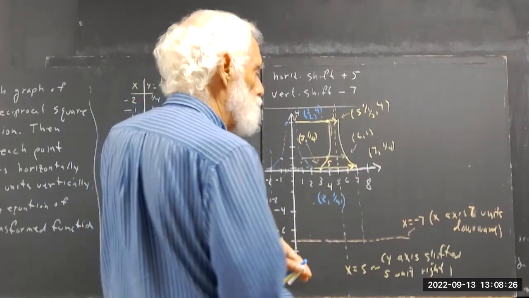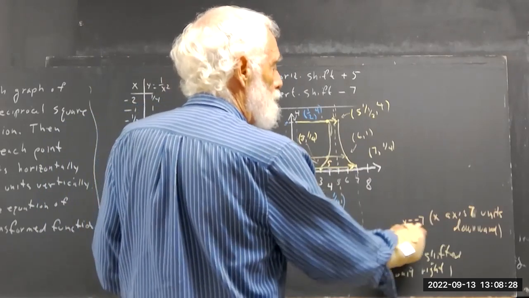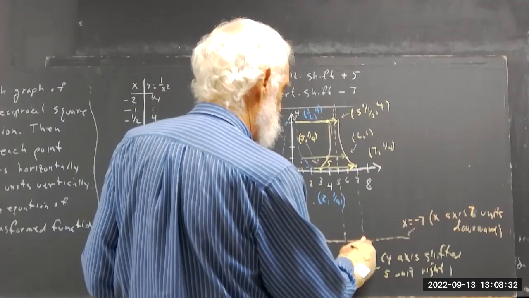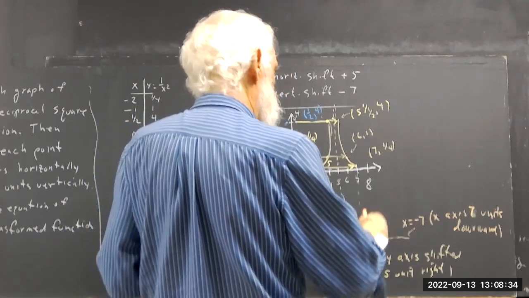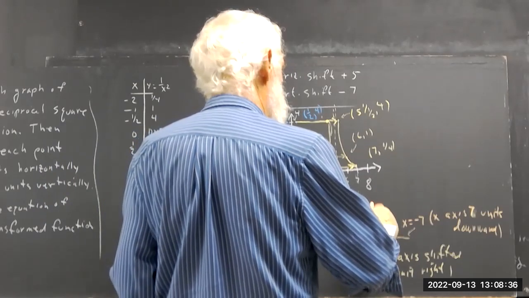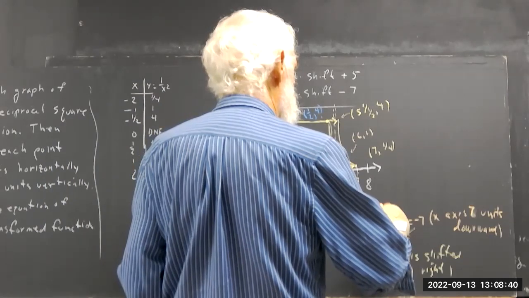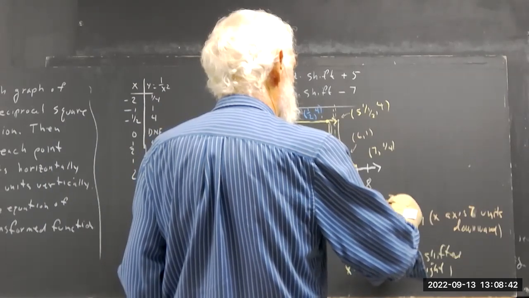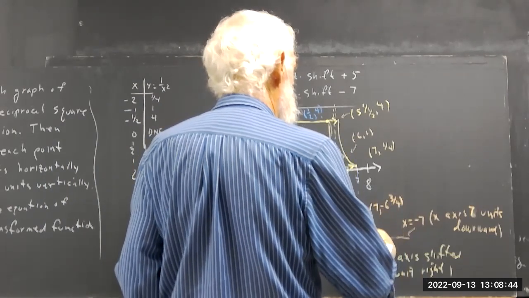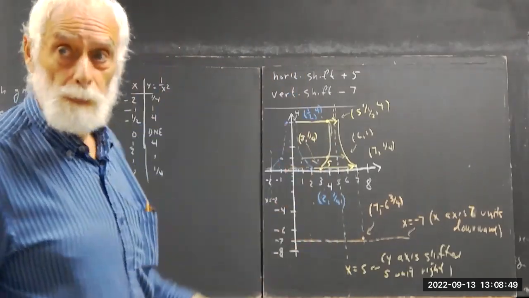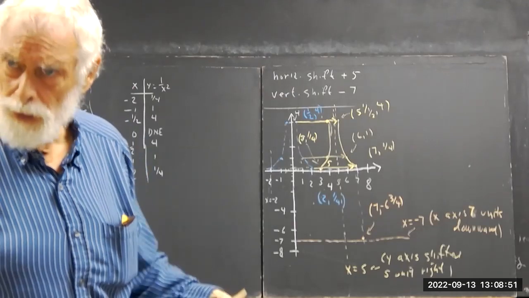We move it down, it's going to be a 1/4 of a unit above the line y equals -7. So it's going to be here. And we can see that that point is going to be -6 3/4, which is 1/4 of a unit above -7. Make sense?